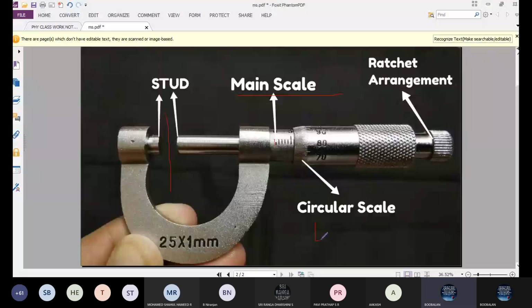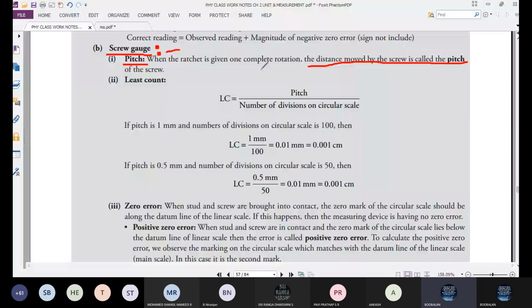Okay, pitch means it is like a rotation knob. When I'm rotating this, it will move inside. The adjustment is there. In this adjustment, we want to find, when it rotates, the distance moved by the screw is called the pitch of the screw.